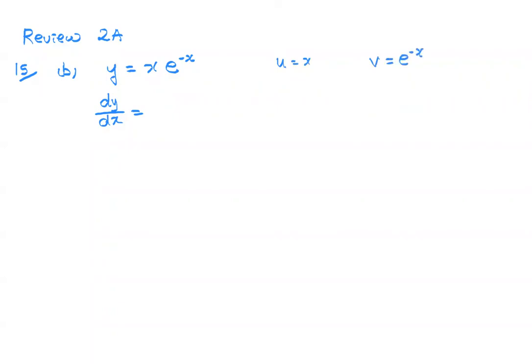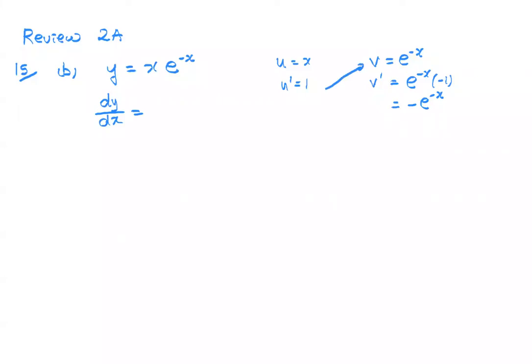Okay, let's see. So u prime will be equal to 1. v prime will be equal to e to the power negative x times negative 1, correct? So this will be negative e to the power negative x. Got it? So we put it into the product rule, cross and plus.